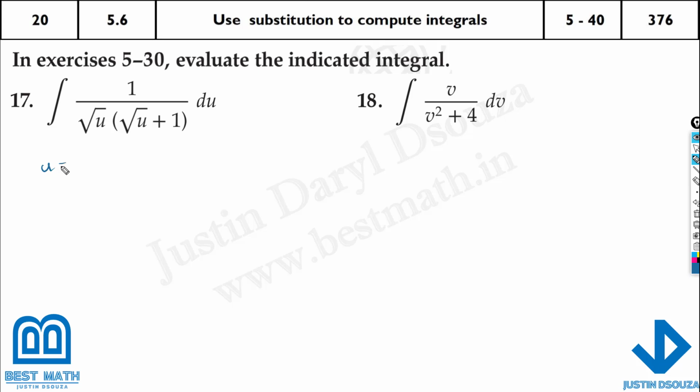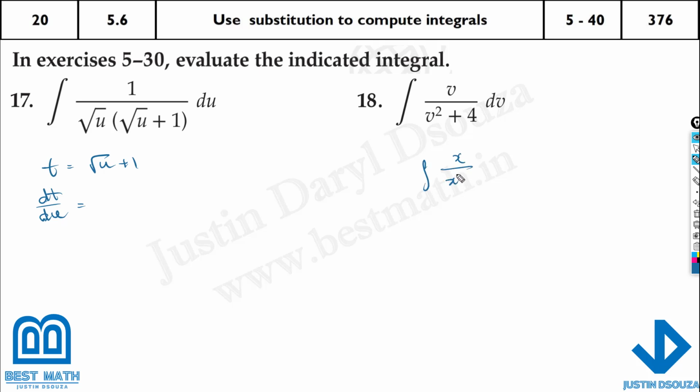So what I do is assume, not u, any alphabet other than u. We generally take t is equal to square root u plus 1. Or you can take it as x, up to you. And then what we are doing is differentiating this dt with respect to du, because u is the term inside. If you're getting too much confusion, because I remember when I was in school, whenever I got any other term, I used to rewrite the question as x and dx, and then solve it.